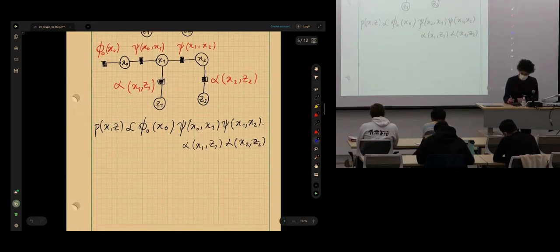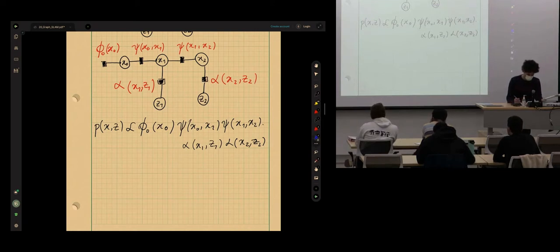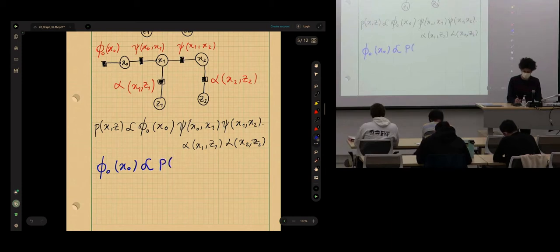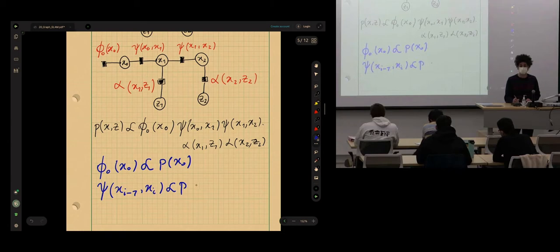So as you can see, the prior factor can be considered as proportional to the probability distribution we had over x0. This function that describes the relationship between x_{i-1} and x_i is proportional to our motion model.